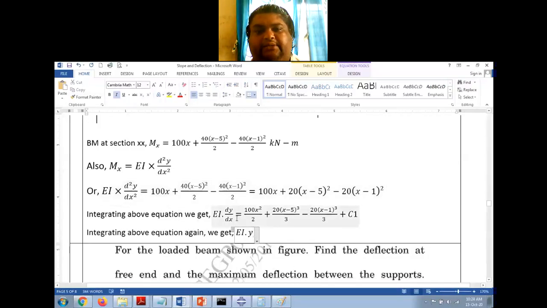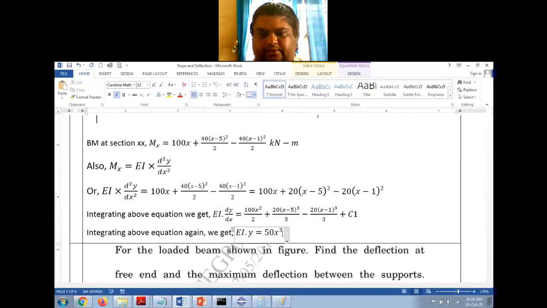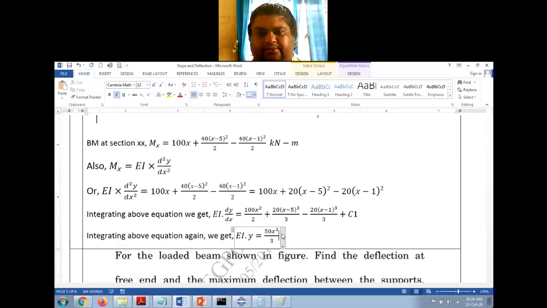Dy by dx, integration of dy is y, is equal to, now this 100 by 2 will become 50. So it is 50 x cube by 3 plus this will be 20 by 3.